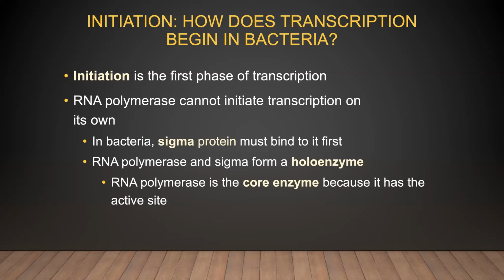Once that sigma protein binds, the RNA polymerase will join with it to create something known as a holoenzyme. This is a large complex, and we'll see a picture in a second. The RNA polymerase is the core enzyme because this is where the active site is located that will allow us to add those ribonucleotides in the correct order.